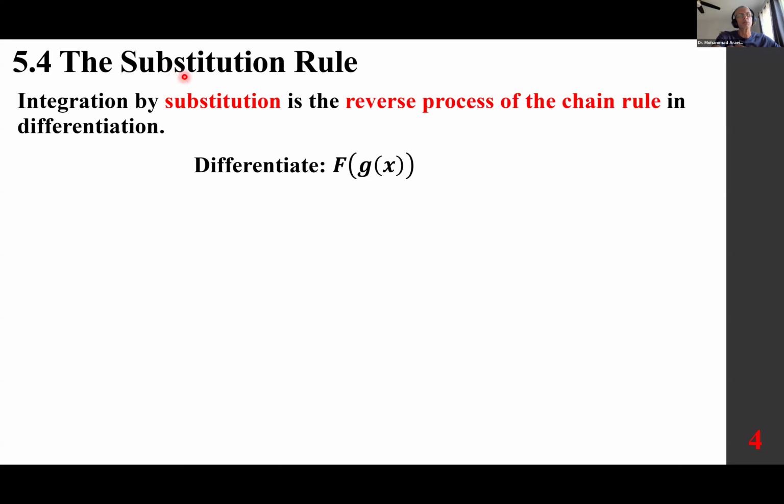5.4, the substitution rule. Integration by substitution is the reverse process of the chain rule in differentiation. We know how to differentiate this. So capital F of g of x, if we want to differentiate it, is capital F prime of g of x times g prime of x.